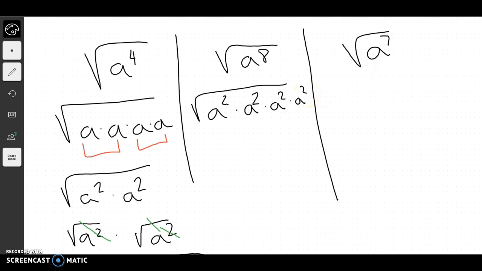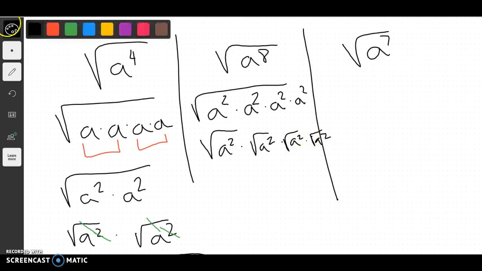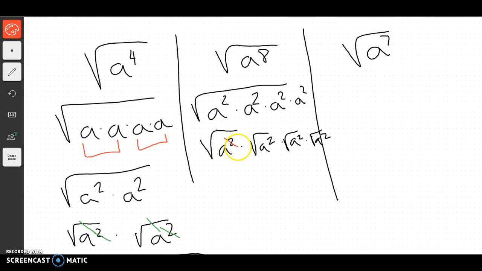And if you add those up, because when you multiply exponents with the same base it acts like adding, you'd have a to the 8th. Then I can separate this, and I can start canceling the squares and the square roots.